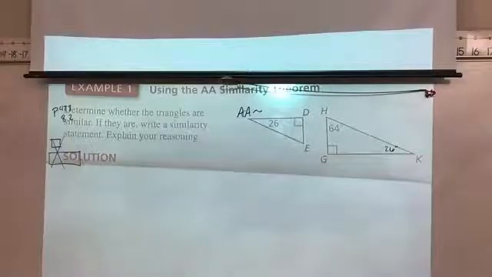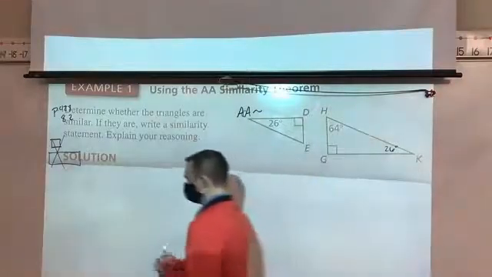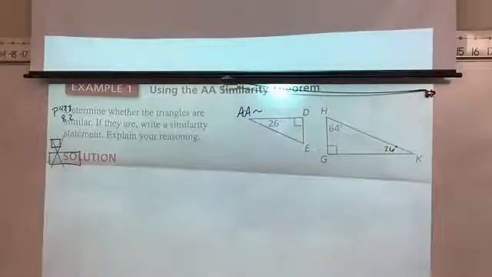Everything's got to be lined up in our similarity statement. And talk to somebody, see if theirs makes sense. It might not be the same as yours, see if theirs works.